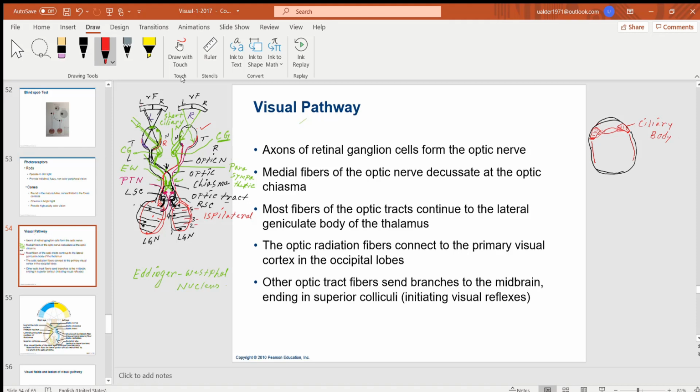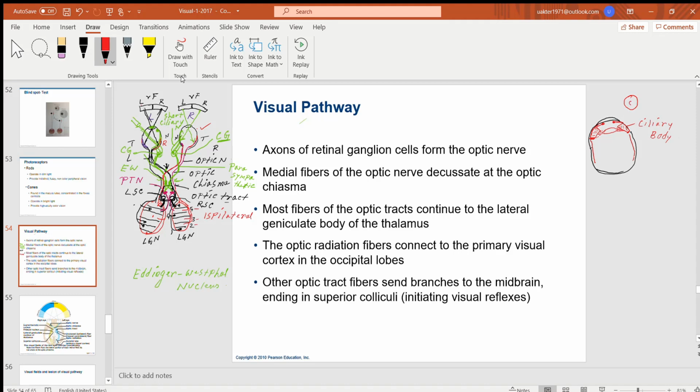And also we know that the choroid goes to the front and forms the iris.